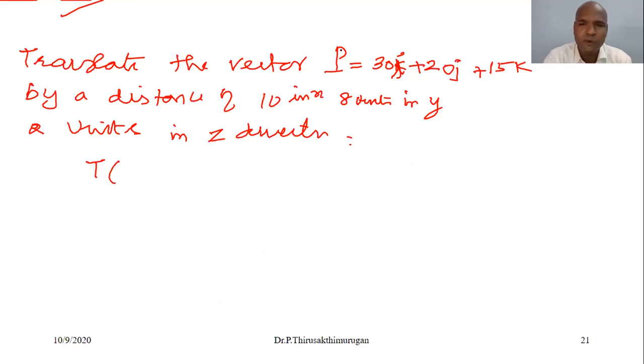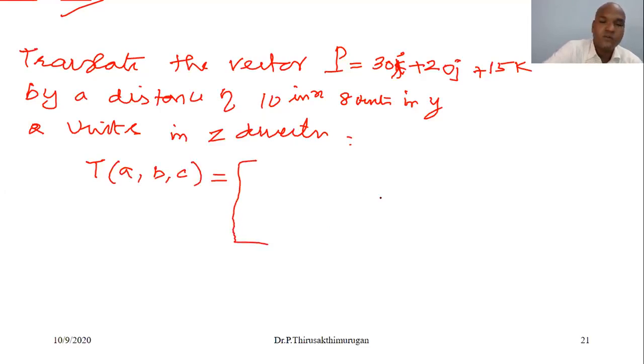So if the robo frame moves a distance of 10 units in X direction, 8 units in Y direction, and 2 units in Z direction, we consider the points along X, Y, Z as A, B, C respectively. So what happened? Transform of A, B, C equal to, very simple.